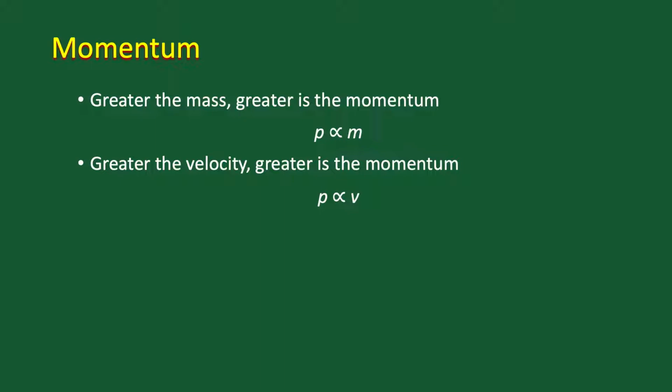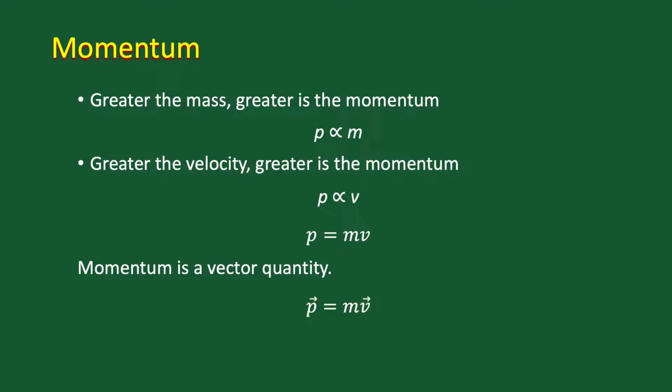So we can combine these two results and get the expression for momentum, which is p equals mv. And we know that velocity is a vector quantity, so momentum is also a vector quantity. So we can write vector p equals mass times vector v. Because momentum is the product of mass and velocity, its unit is kg meters per second.